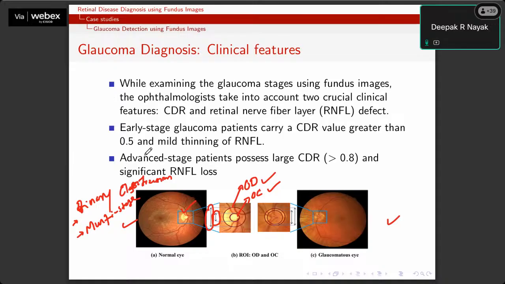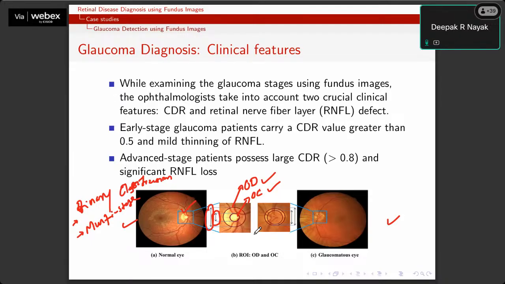Initially, we were focusing on the binary classification problem, where our task was to collect fundus images from the hospitals, train the model, and the model would tell whether the image belongs to the normal or glaucomatous category. But later, when we talked to the ophthalmologists, they said that multi-stage glaucoma detection is really very important, which is very close to the real-time scenario. So can you solve this kind of problem?